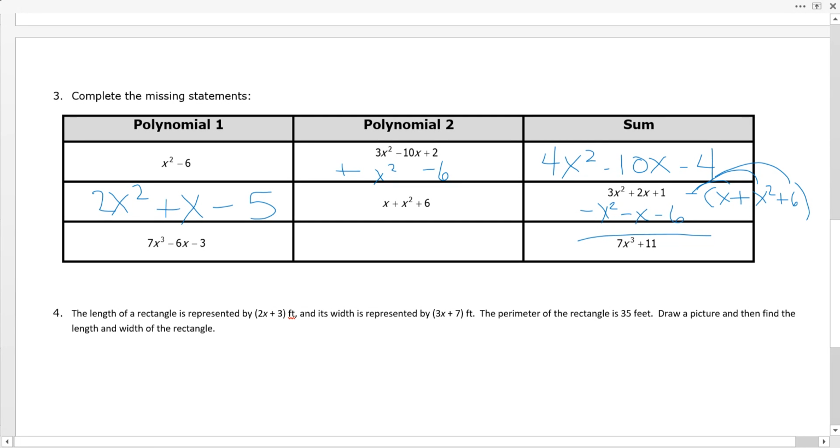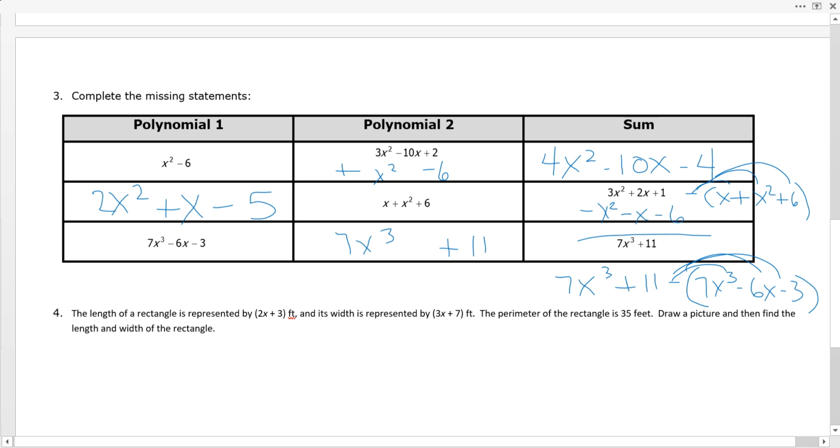Okay, same thing with the third one. I have 7x to the third plus 11. And then I'm going to subtract 7x to the third minus 6x minus 3. So I'm going to stack them on top of each other after I distribute my negative. So I'm going to have, let's do it right here, 7x to the third plus 11.